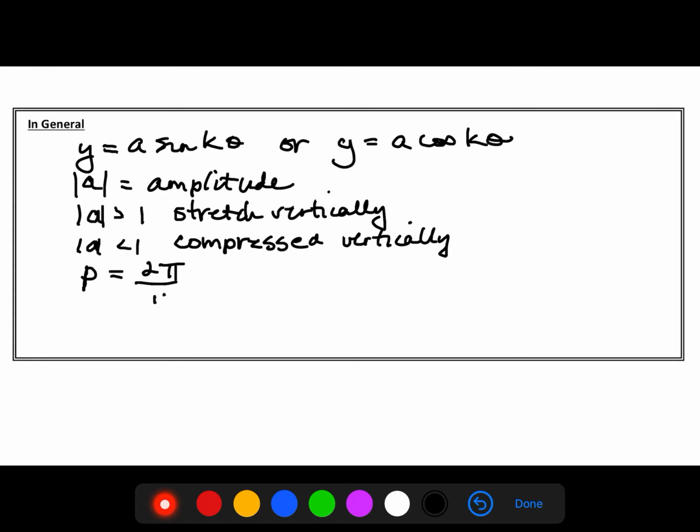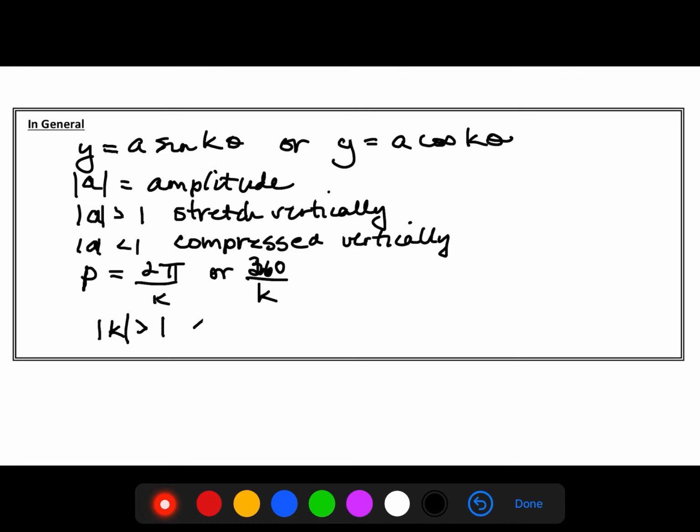and changes our amplitude. For our k value, it gives us our period. And remember, if it's k, it's changed by 1 over k. If it's 1 over k, it's changed by k. Or it is 360 over k in degrees.